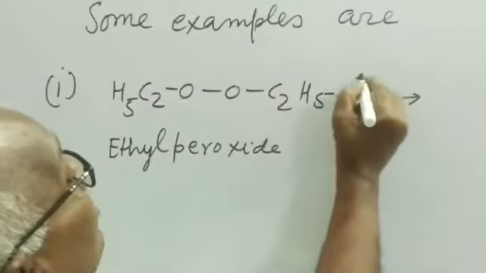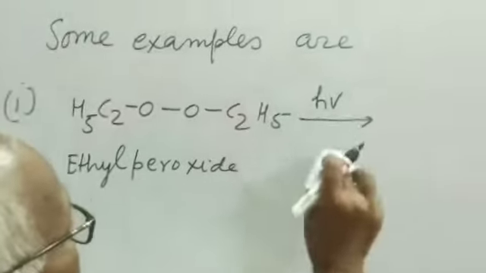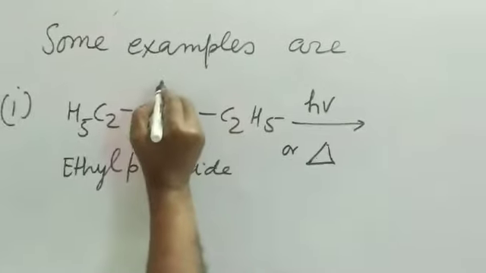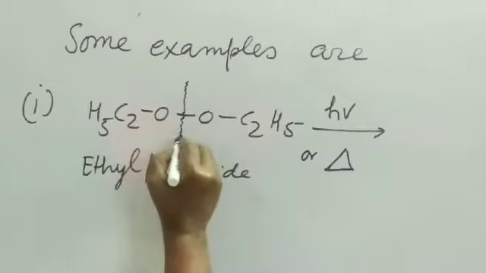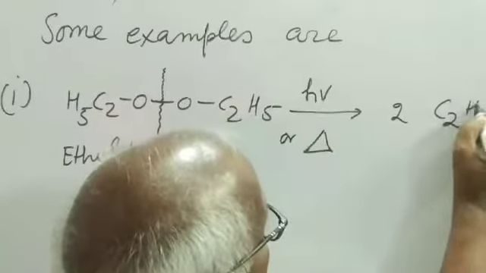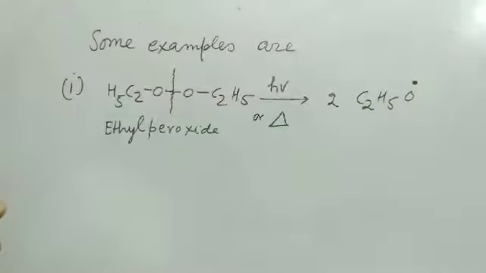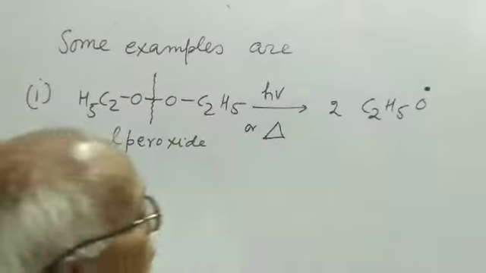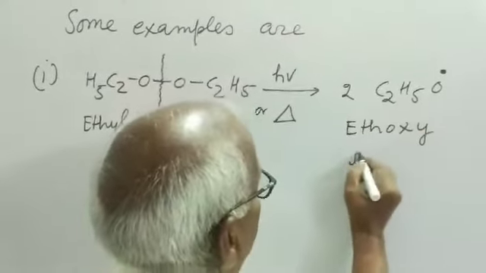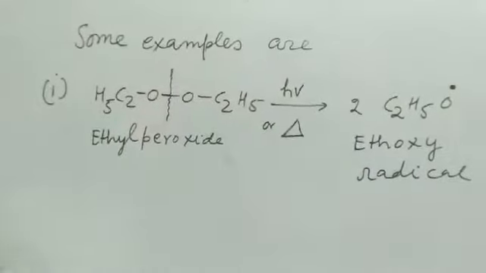It undergoes homolysis under the influence of sunlight or heat. So this peroxide linkage undergoes homolytic fission and generates two molecules of ethoxy radical. This is the ethoxy radical. You can write free radical or ethoxy radical.